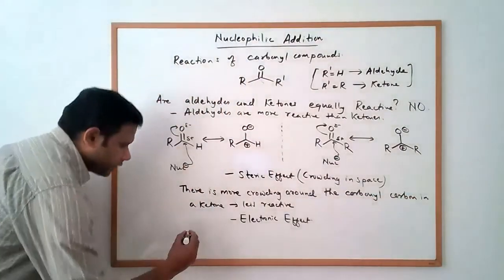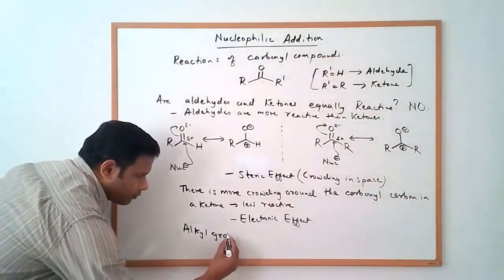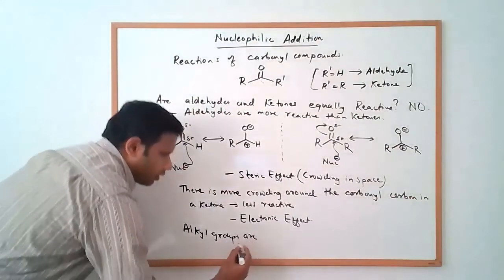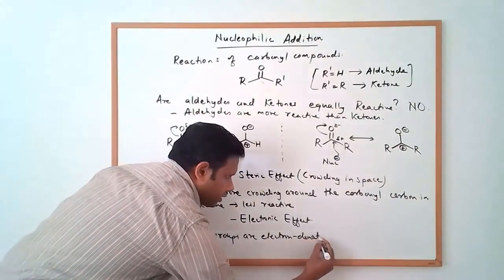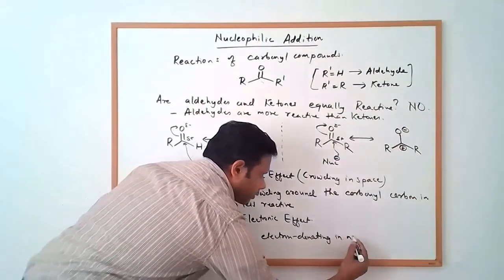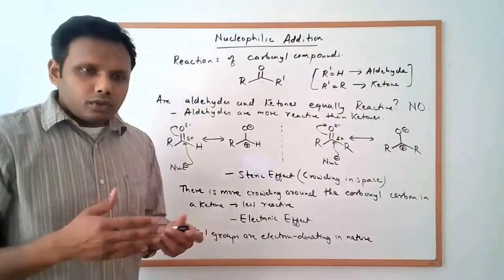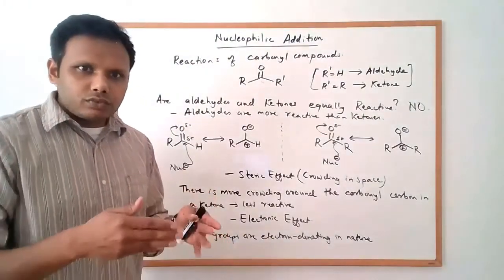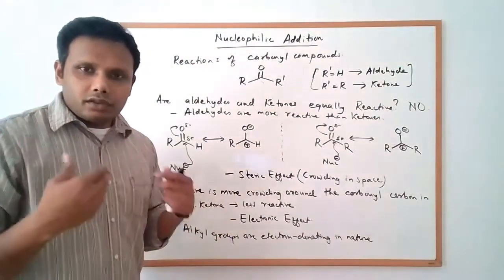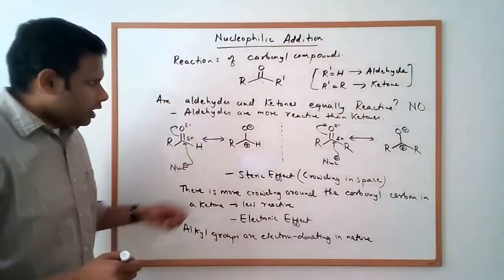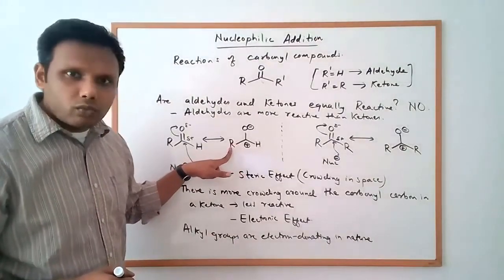And recollect that alkyl groups are electron donating in nature, okay? They tend to push electron density towards positive charge. Okay, so they have a plus I effect. They donate electron density.